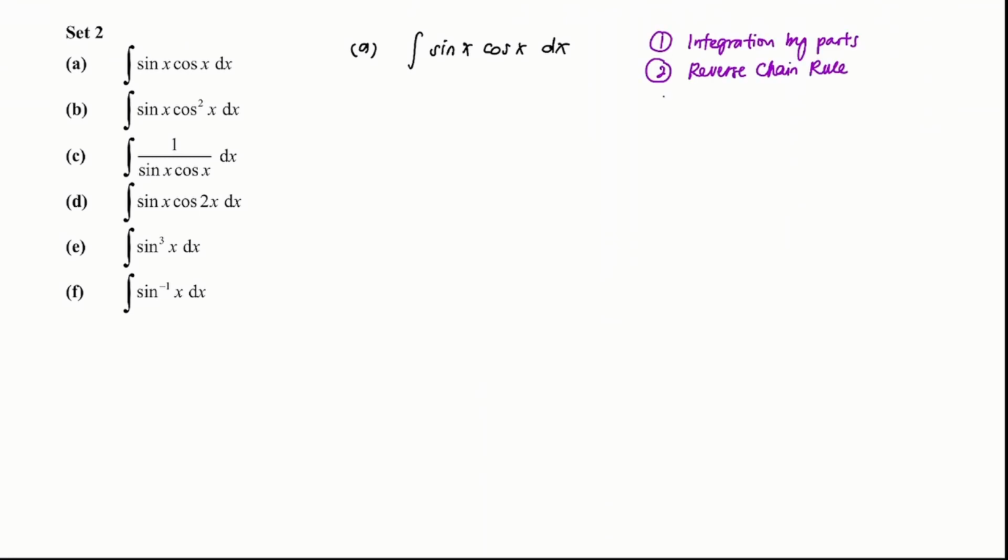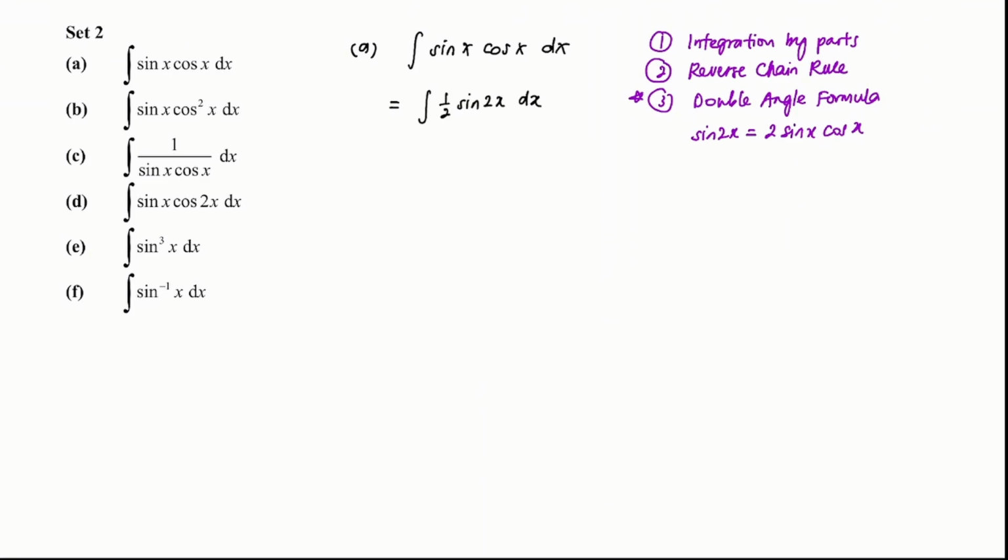However, the third method that I want to say, which is the more classy and the actual method that we should be thinking of, is to use the double angle formula. Because if you recall, sine 2x is equal to 2 sine x cos x. And because of that, let us try to form this into our double angle. So this one over here, we can rewrite as half of sine 2x.